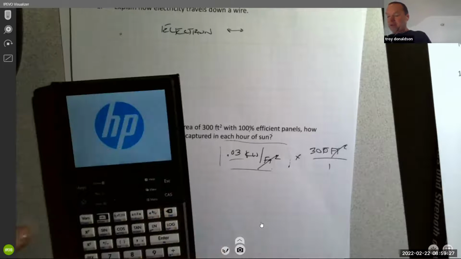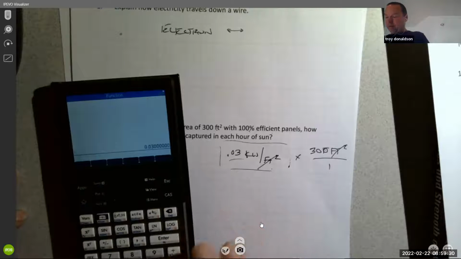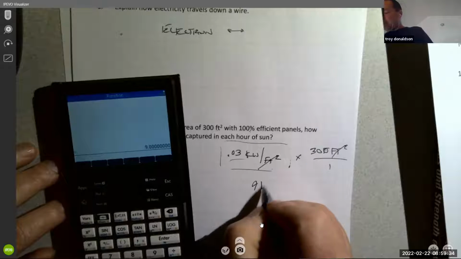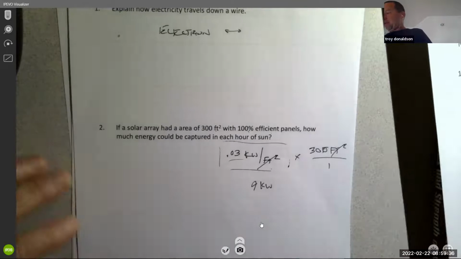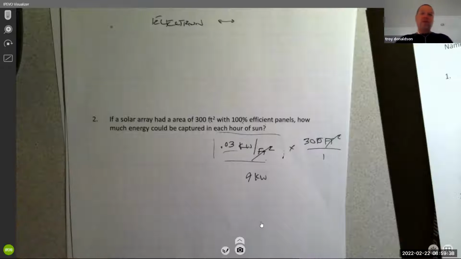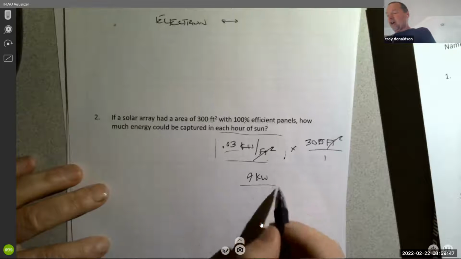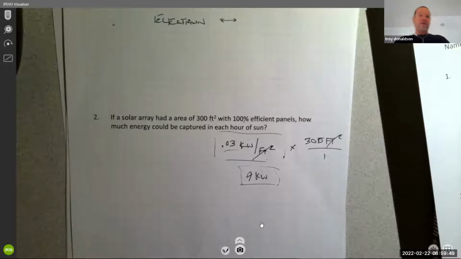So 0.03 times 300 should be something like 9 kilowatts. That's in 1 hour. That's how much comes if we were capturing 100%.